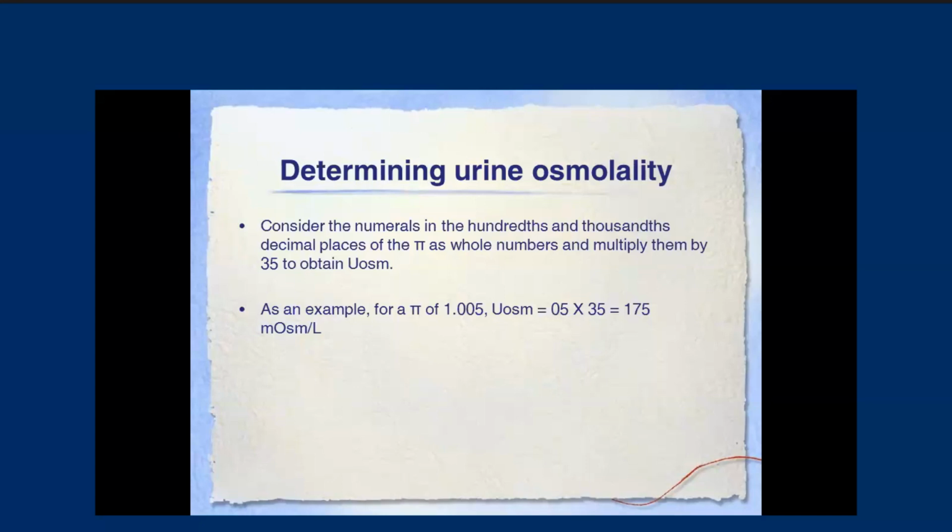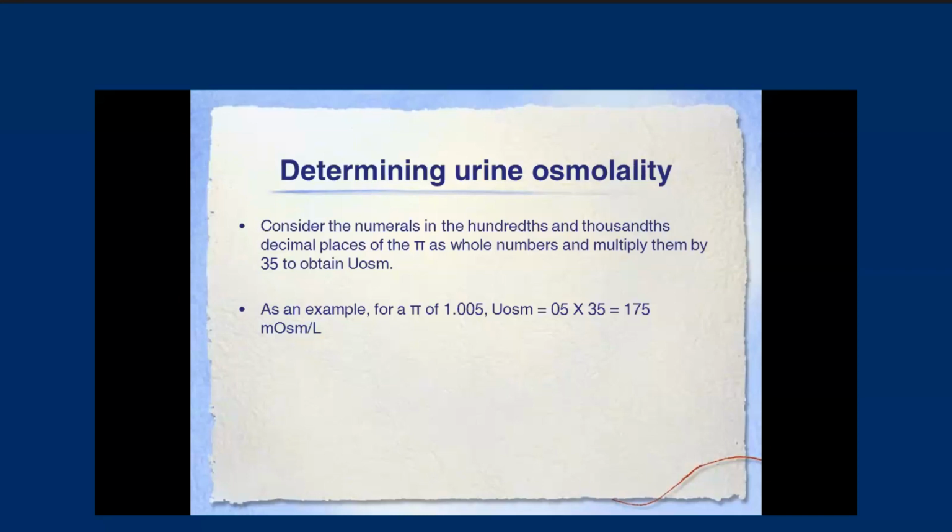So this will give us a rough estimation of the urinary osmolarity. Usually if the specific gravity is less than 1.010, then we will assume the urinary osmolality is low, and if it is greater than 1.010, then we'll assume the urinary osmolality is high.